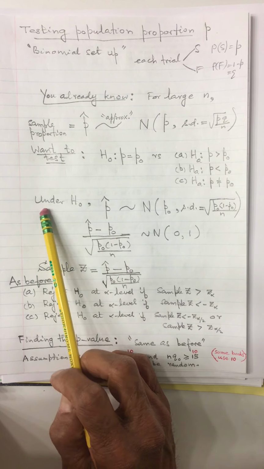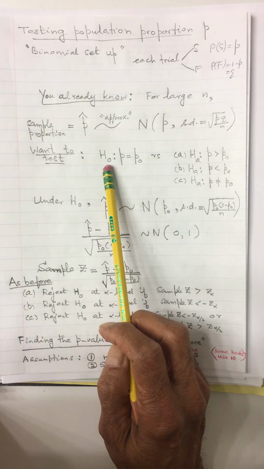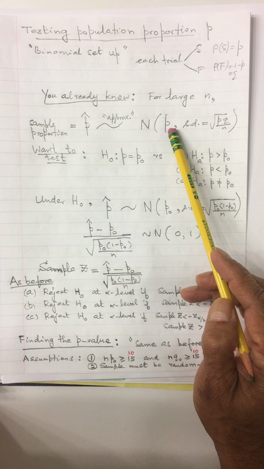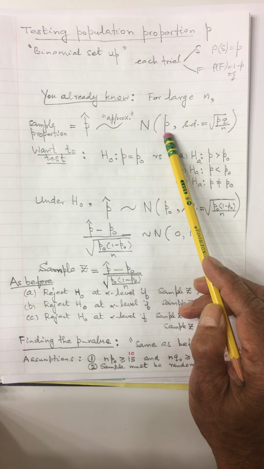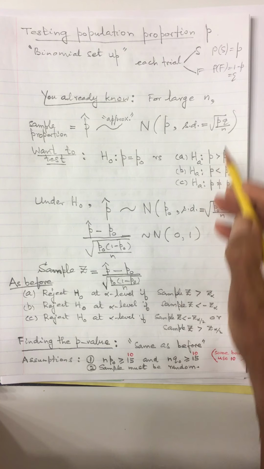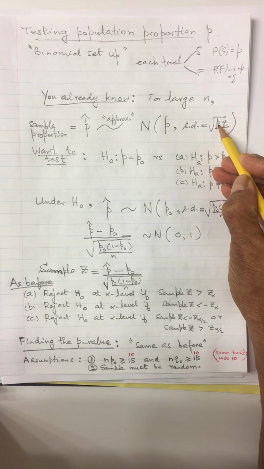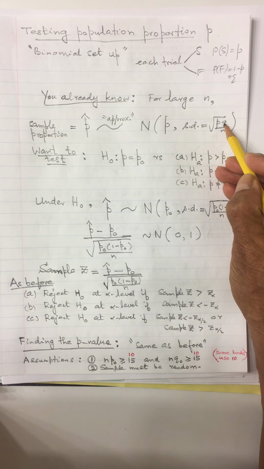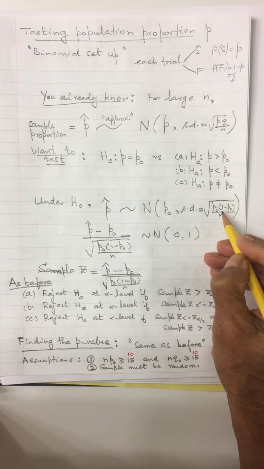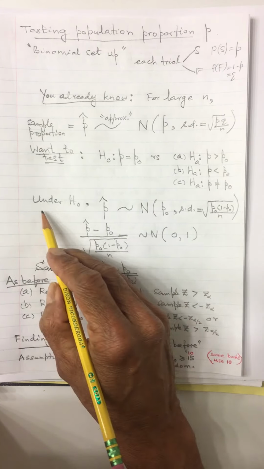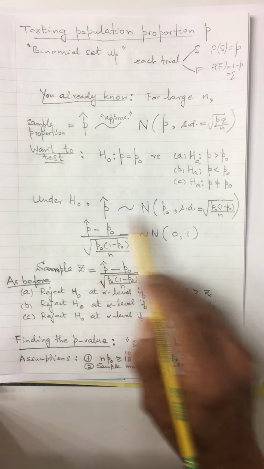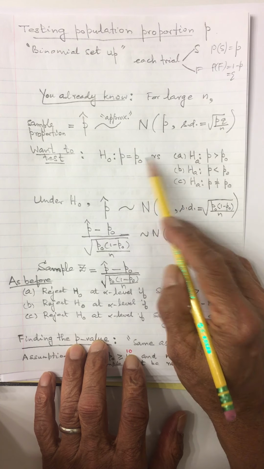Under H naught, assuming H naught is true, the p value has to be equal to that p naught value, and q is 1 minus p, so q naught, or 1 minus p naught. So under H naught, it will follow that distribution. This is the curve we are trying to see whether they are correct.